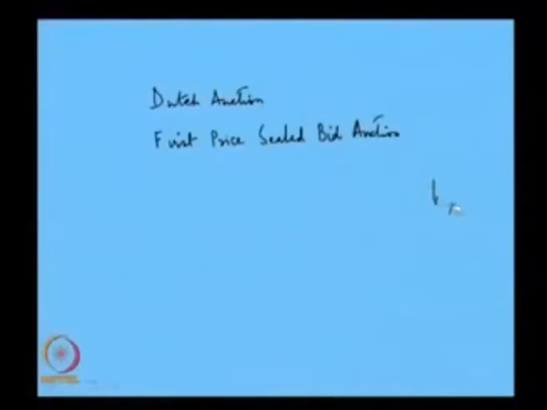So here the second highest price does not matter. The person who gets the good pays the highest price, not the second highest price, and that is why it is called the first price sealed bid auction. In terms of game theory, it can be represented as the following.